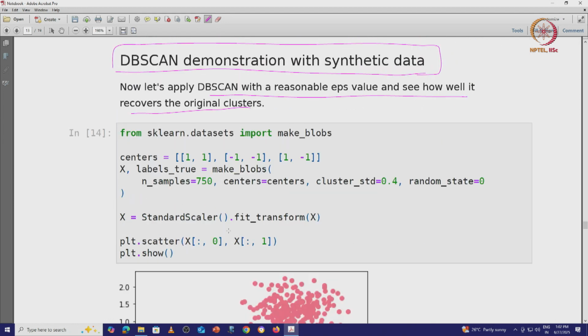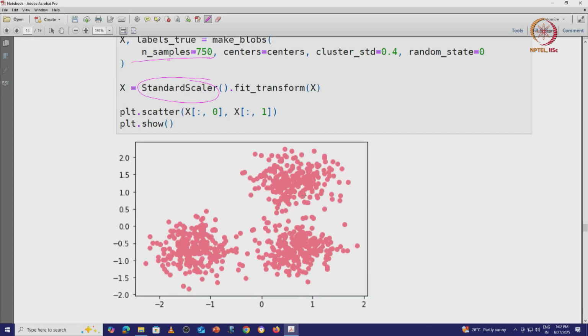So here we are using this make_blobs function from sklearn.datasets, and we are making 750 samples, right, here with a given random state, and then of course we are applying the StandardScaler to make the mean 0 and variance 1, and this is the plot, right, of the first two features 0 and 1.